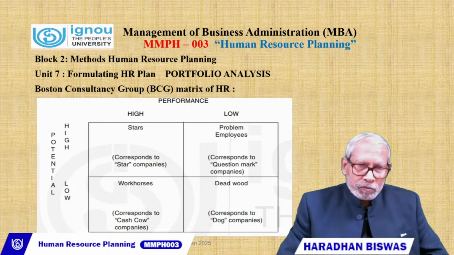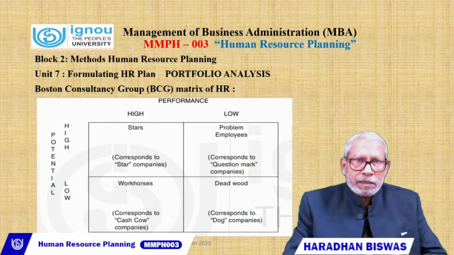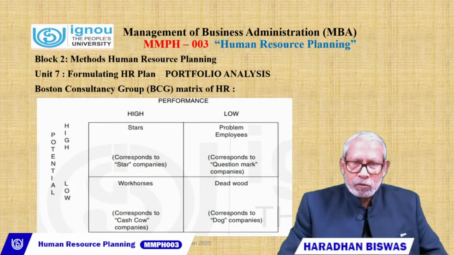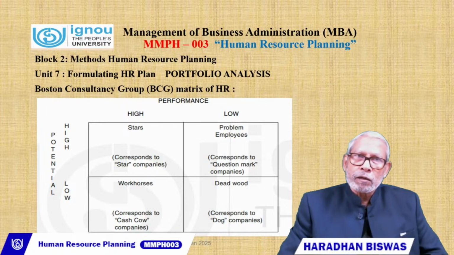So performance wise, you have to make a chart, and that is the different model from the Boston Consultancy Group. This is the way you have to consider it. Earlier it was cash cow and dog, meaning the names can be compared with different names.